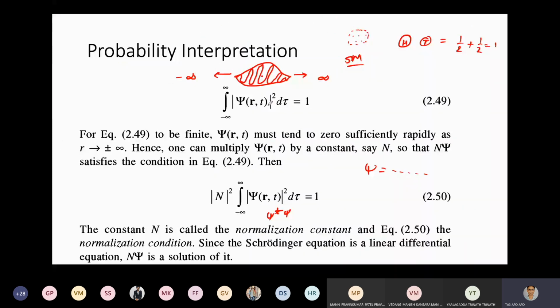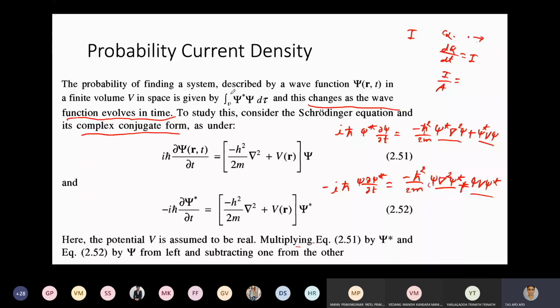And then when we saw the normalized condition, normalization constant n, and we talked about the probability current density, that we saw that if this probability also changes as the function evolves in time. So for that, we introduced the concept of the probability current density.